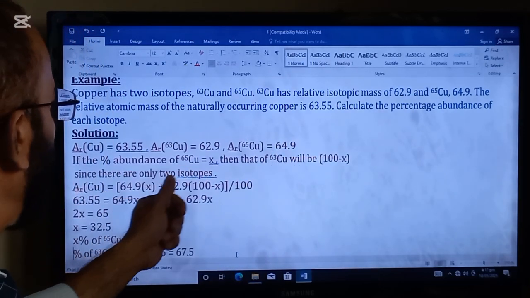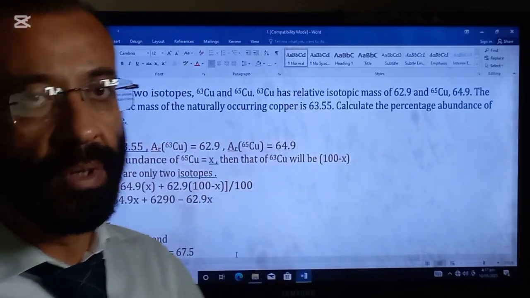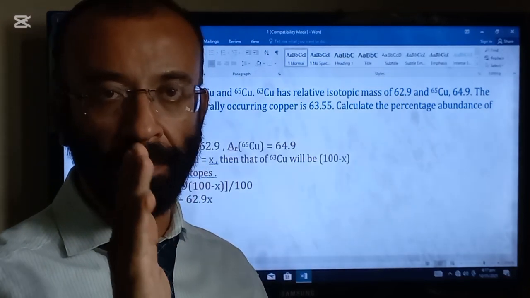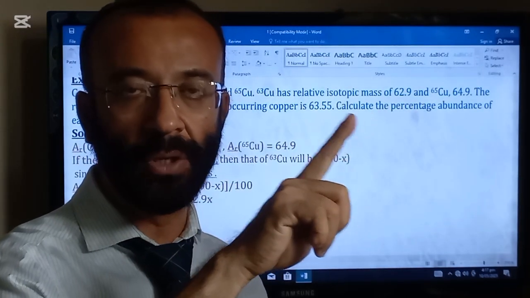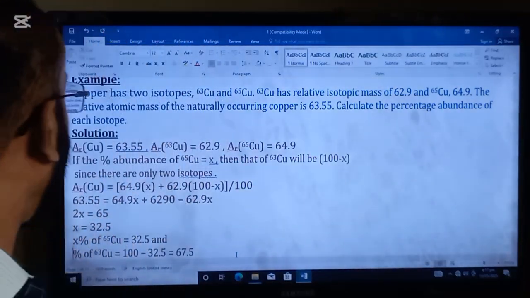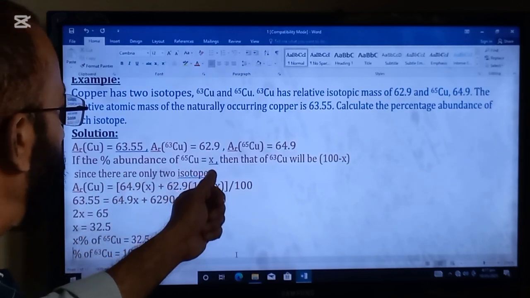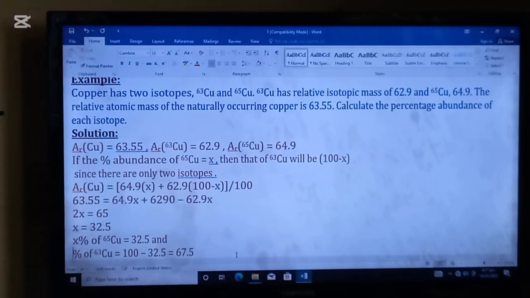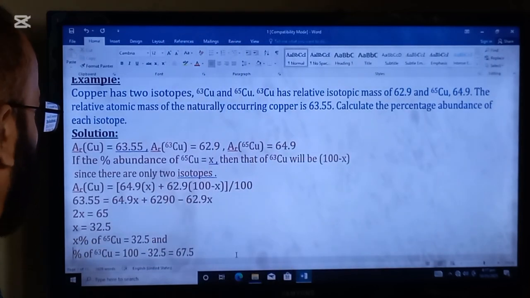Let X be the percentage abundance of one isotope. Because copper has only two isotopes, the percentage abundance of the second isotope will be 100 minus X. So if the percentage abundance of copper 65 is X, then copper 63 will be 100 minus X. Now the same method will be followed which we followed in the above question.